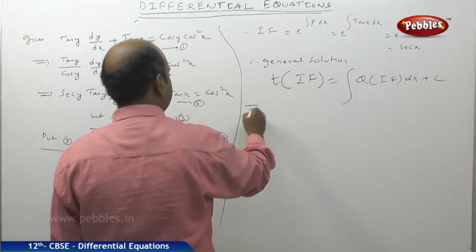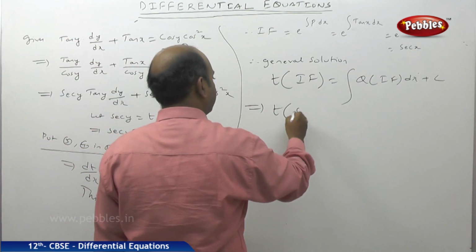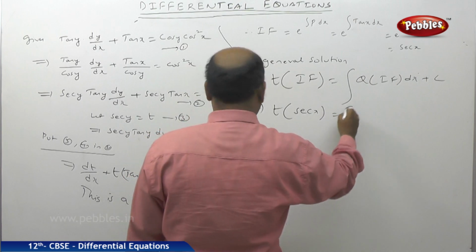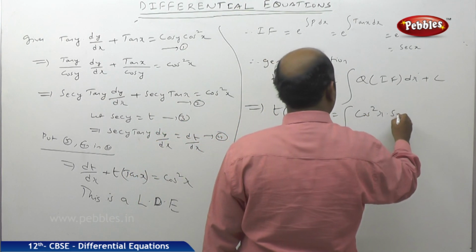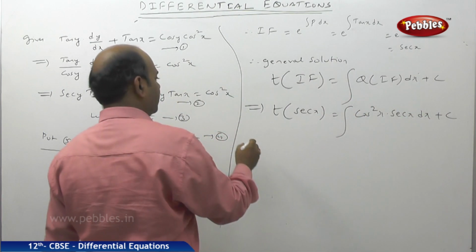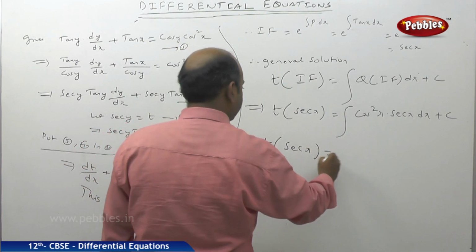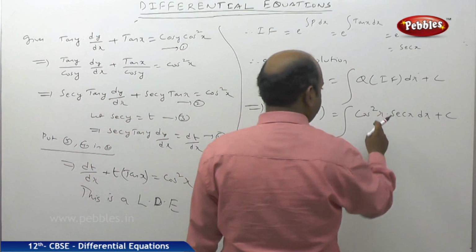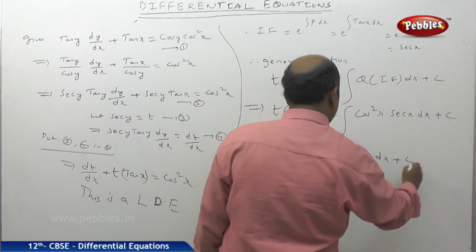Here t is t, the integrating factor is sec x, and q is cos squared x. So t sec x equals integral of cos squared x times sec x dx plus c. One cos x gets cancelled, so it is integral of cos x dx plus c.